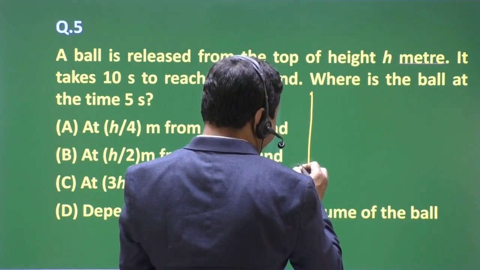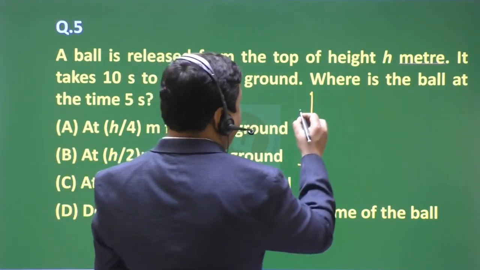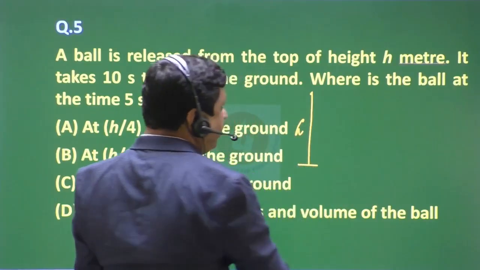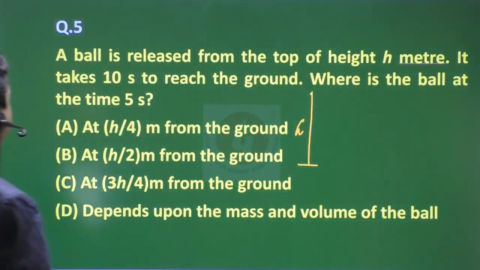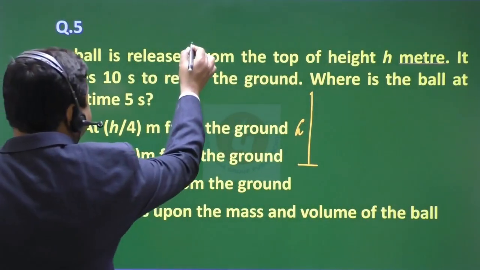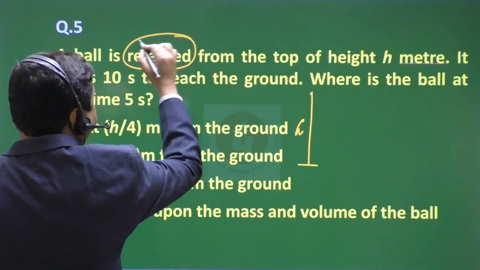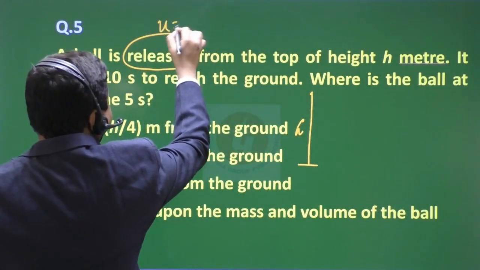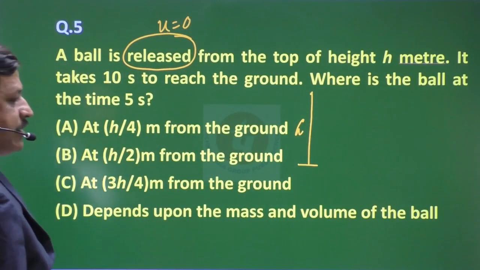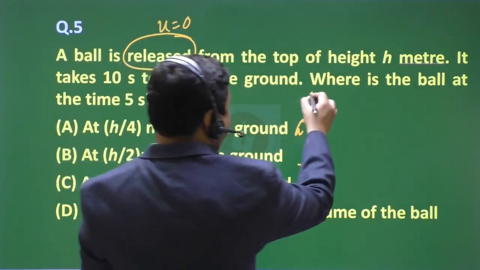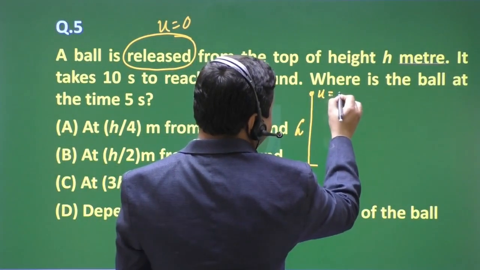That means this is total height h meter, and a ball is released. Mind it, released or dropped, that means there is initial velocity 0. Okay, that means just ball dropped from this height, initial velocity is 0.